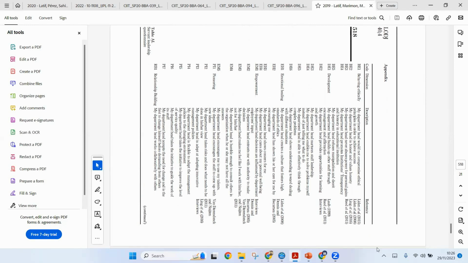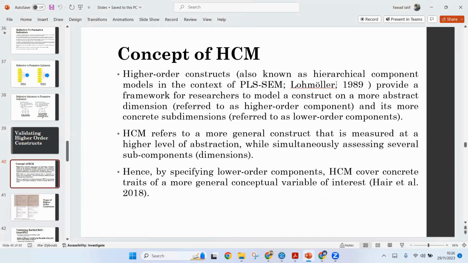So moving on, higher order constructs, also known as hierarchical component models in the context of PLS-SEM, provide a framework for researchers to model a construct on a more abstract dimension, that is, a higher order construct. So now it is not directly observable.